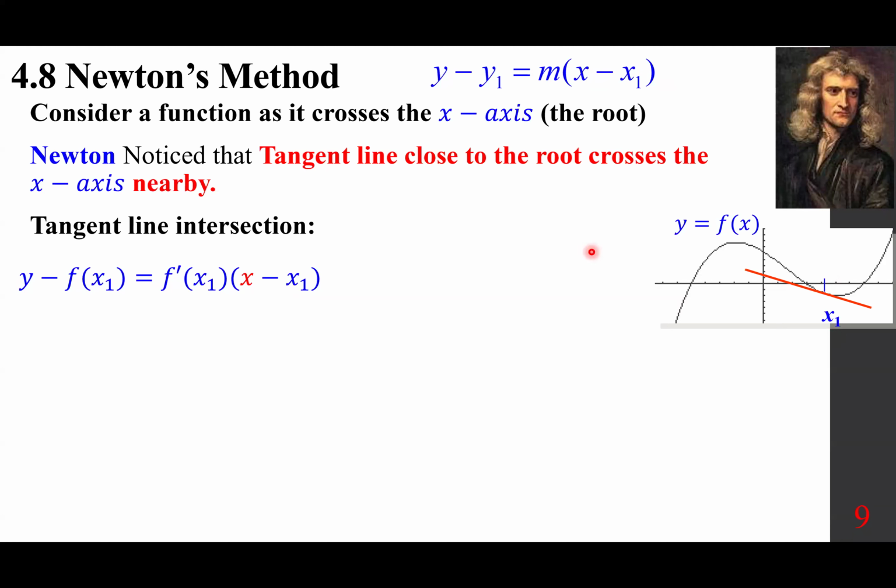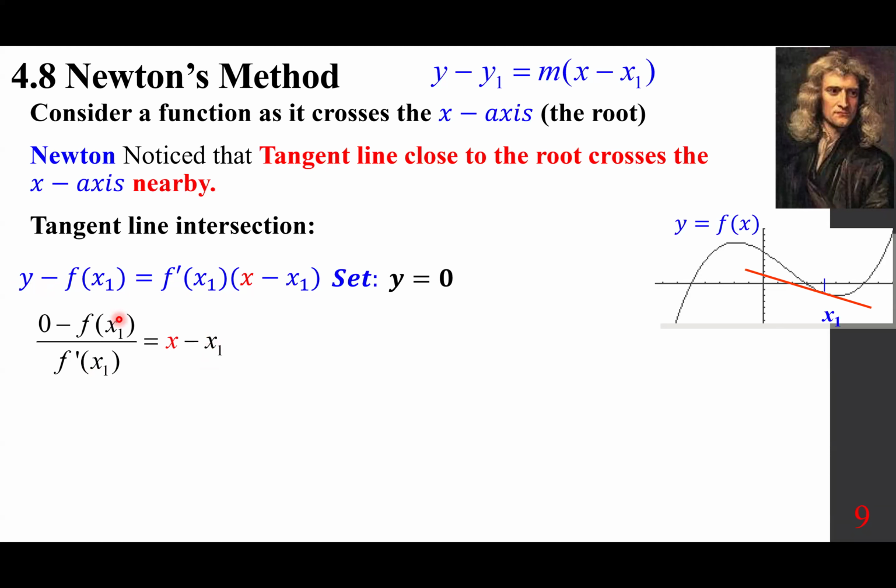Now this tangent line has an x-intercept. That means you have to set y equal to 0. So if I set y equal to 0 and divide by f prime of x sub 1, then negative f of x sub 1 divided by f prime of x sub 1 is x minus x sub 1.